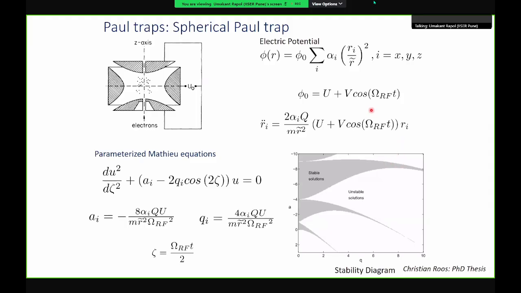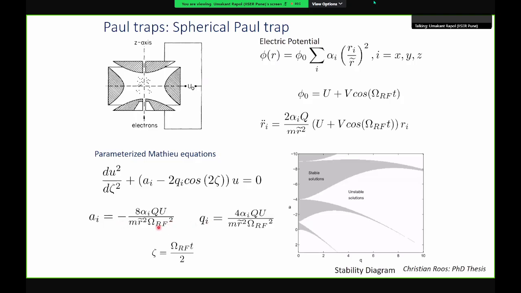Now, if you solve the equations of motion for that particle, where R_i are the coordinates along the three axes, this is just Newton's law of motion, where Q is the charge of the particle and M is the mass of this particle. These equations turn out to be nonlinear equations, and if you parameterize this equation, you get these a_i and q_i.